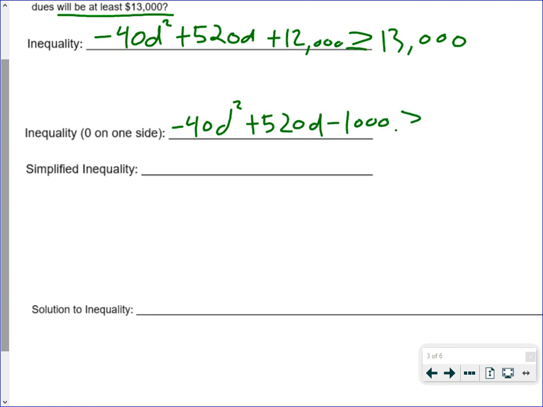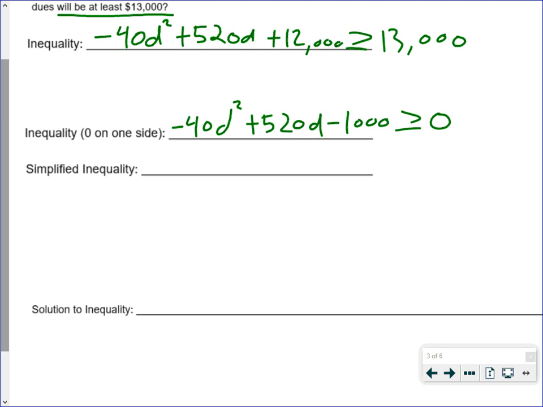And all of that will be greater than or equal to 0. So what we see here now is a new inequality. There are some very big numbers, but we see that the negative 40, 520, and the negative 1,000 are all divisible by 40. So we can reduce this and make it a little simpler for ourselves, and we can divide everything by negative 40.